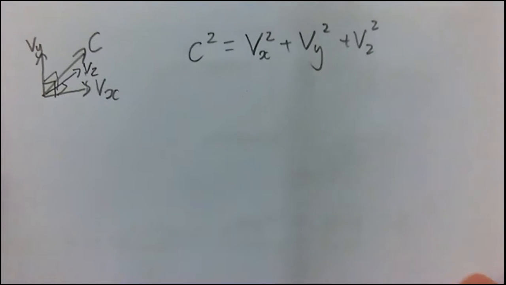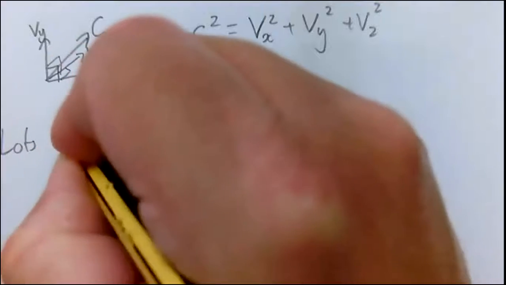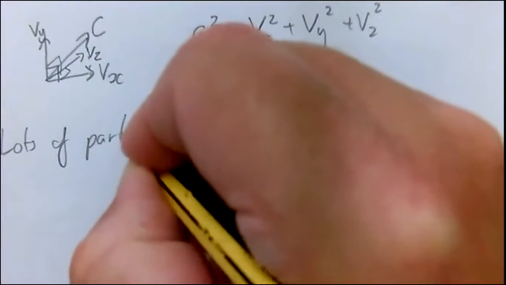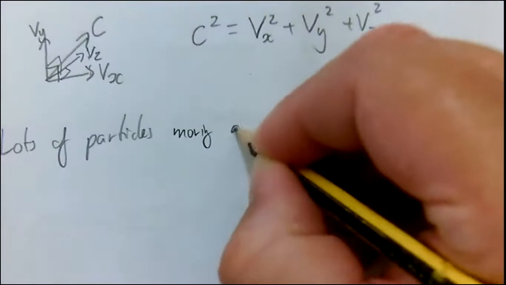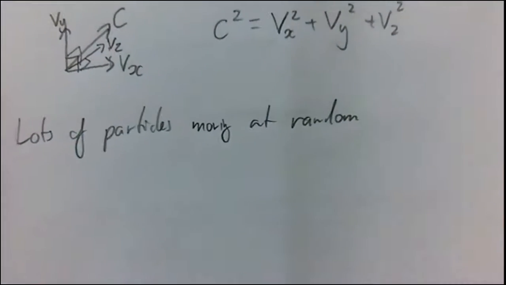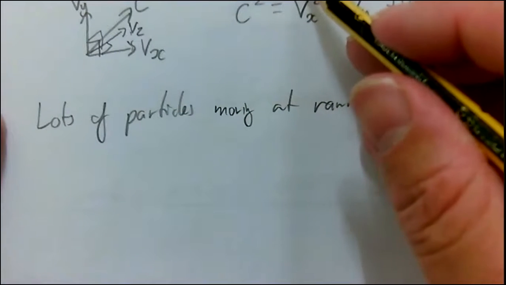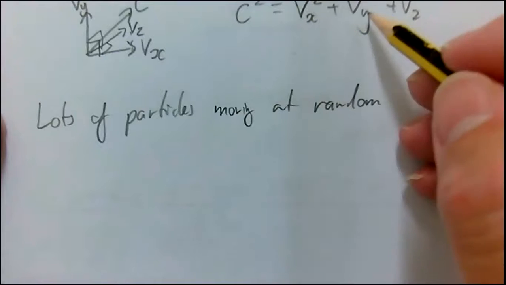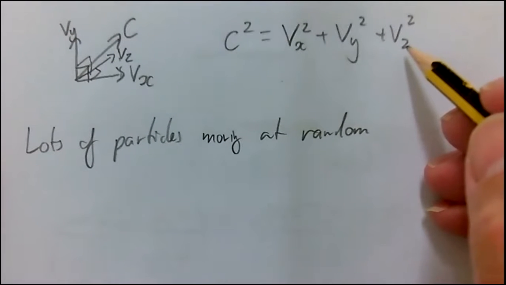But now we've got lots of particles moving at random. The speed squared of the particles moving in the x direction is going to be the same as in the y direction and the z direction, because they're all moving in different directions.